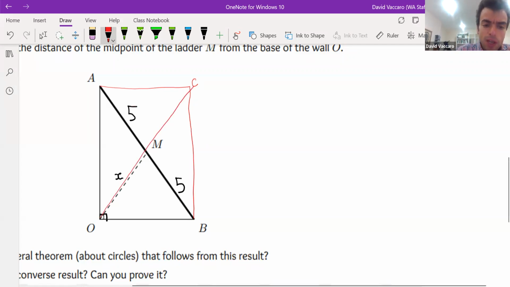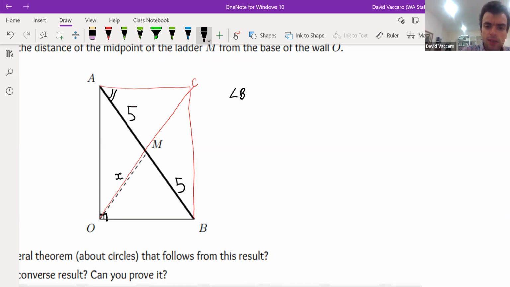And at the moment, I'm not going to assume that that goes through the midpoint. But this angle BAC is equal to this angle OBA, because they are a right angle.